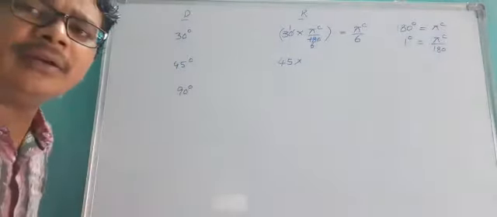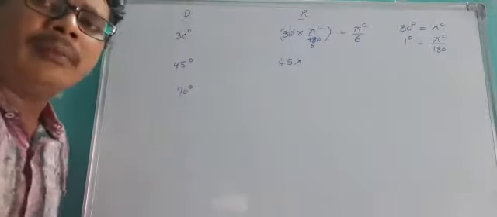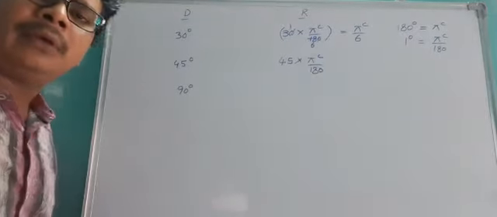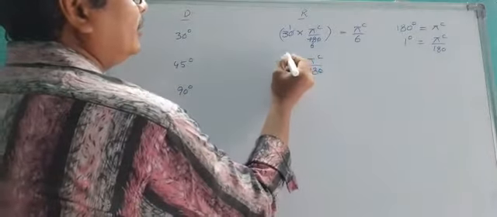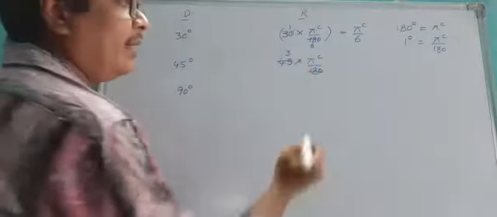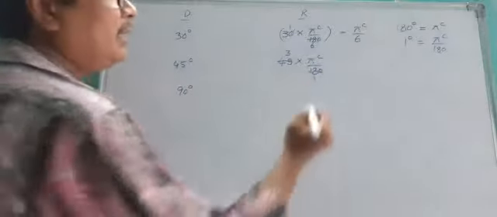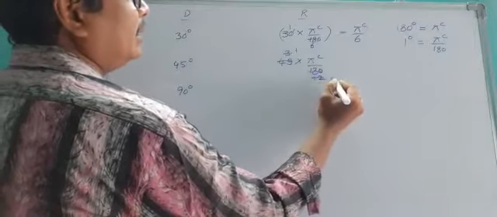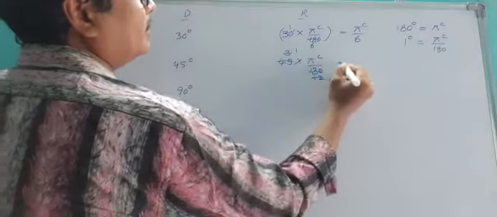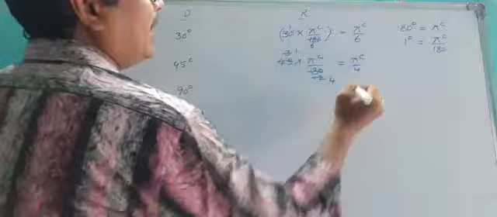45 degrees equal 45 into pi radians by 180. These two are divisible by 15. 15 threes are 45, 15 ones are 15, and 15 twelves are 180. So that equals pi radians by 4.